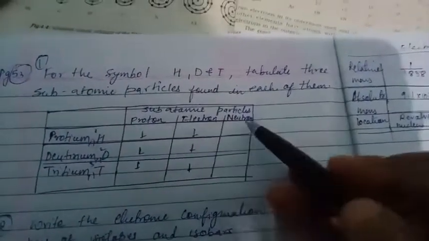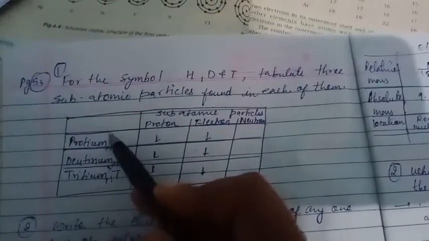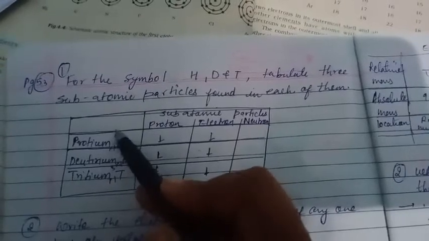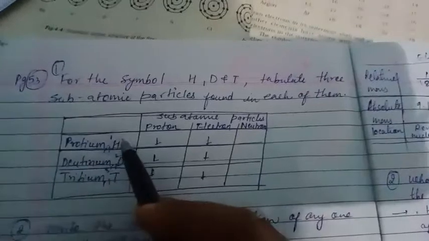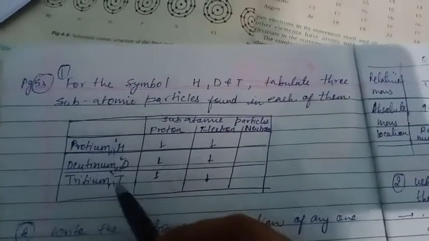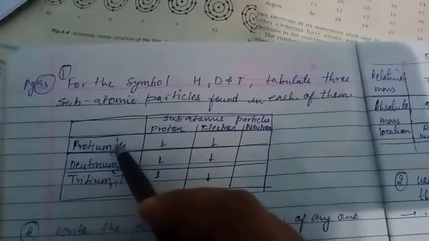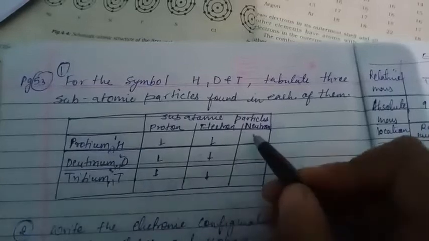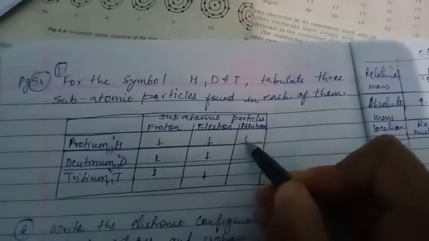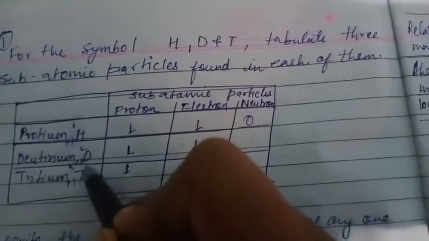Okay, now we will see neutrons. As I have written here, 1H1, the 1 stands for what? The 1 stands for the number of protons plus the number of neutrons. The number of protons is already 1 and the mass number is 1. It means it doesn't contain any neutron. So the neutron number will be 0 in the case of protium. What about deuterium? Deuterium can be written as 1D2.